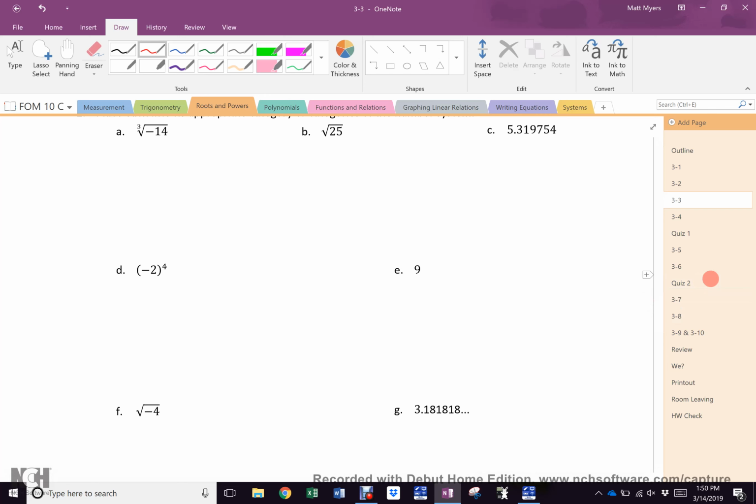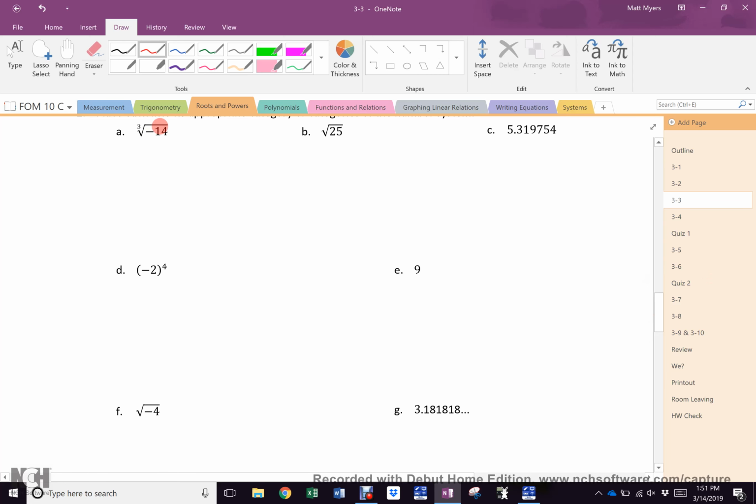Now, if your number is natural, is it automatically everything else? Yes. Okay, go. Nope, you just got to write the smallest group in which it fits. The smallest group into which it fits.